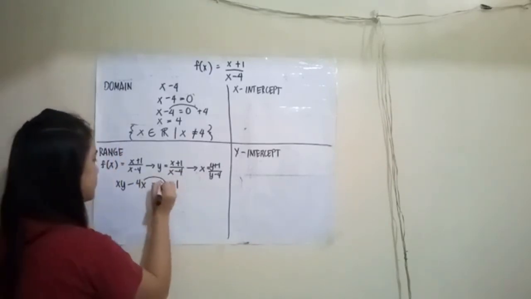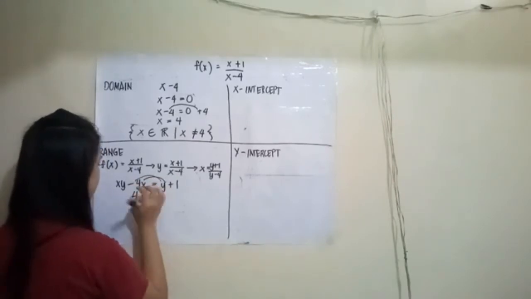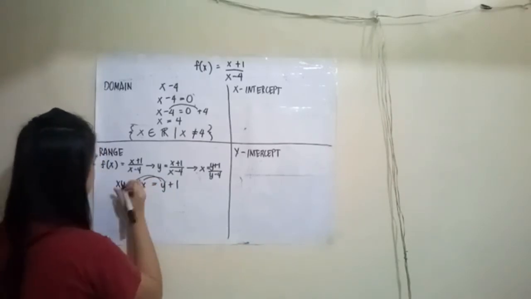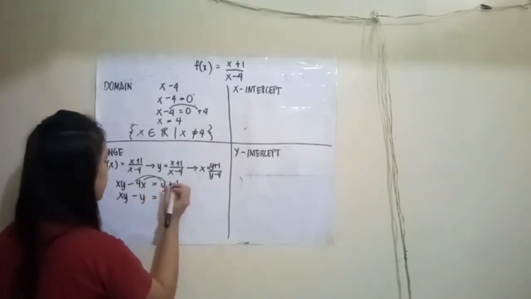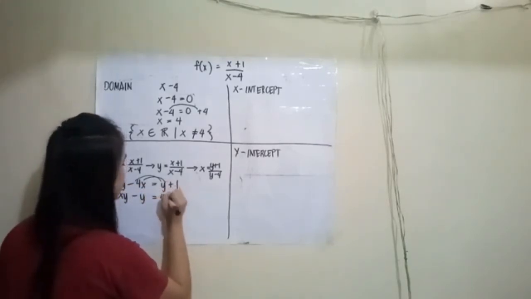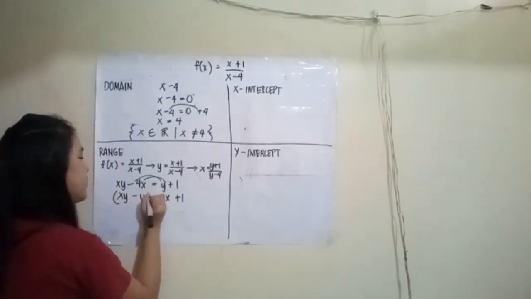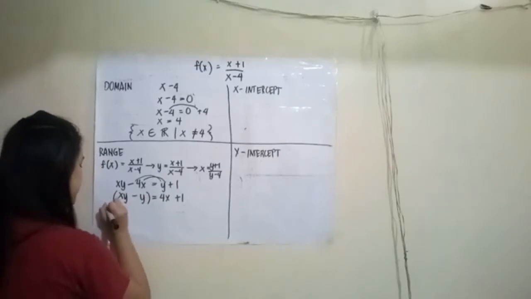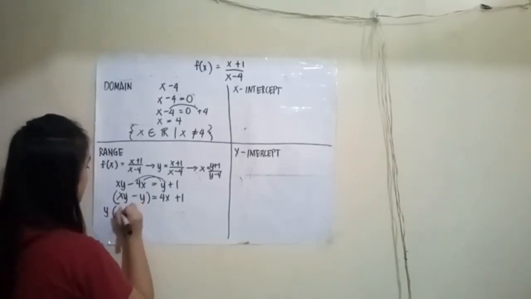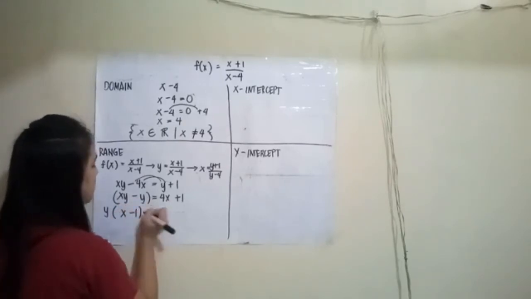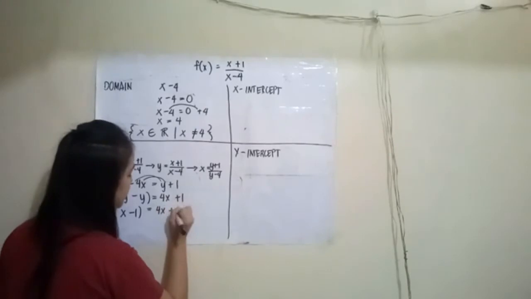So you transpose: xy minus y is equal to 4x plus 1. So we will factor xy minus y. So y times the quantity x minus 1 is equal to 4x plus 1.